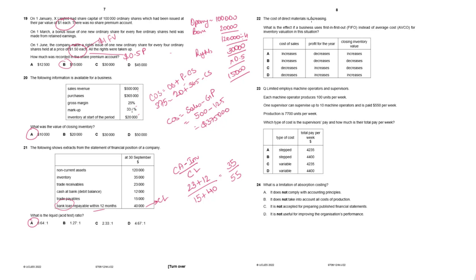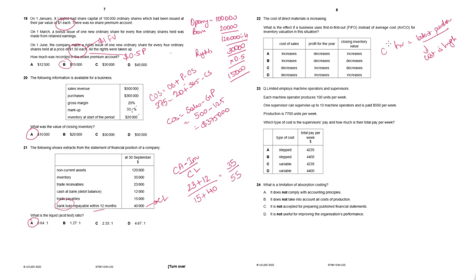The cost of direct materials is increasing. What is the effect if a business uses first in first out instead of average cost for inventory valuation? So when you use first in first out, your closing inventory is valued based on the latest purchases, and since the material cost is increasing, it means the cost of latest purchases is high.